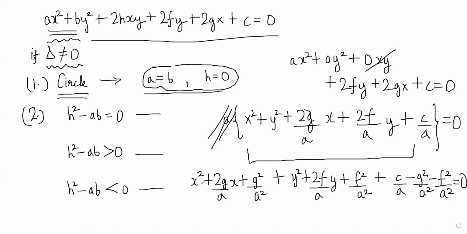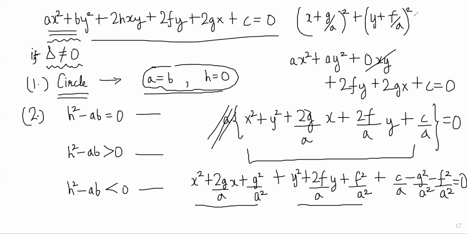Notice that this part becomes a perfect square, and this part becomes a perfect square. You can write it as x plus g by a whole square plus y plus f by a whole square is equal to f square plus g square minus ac by a square.